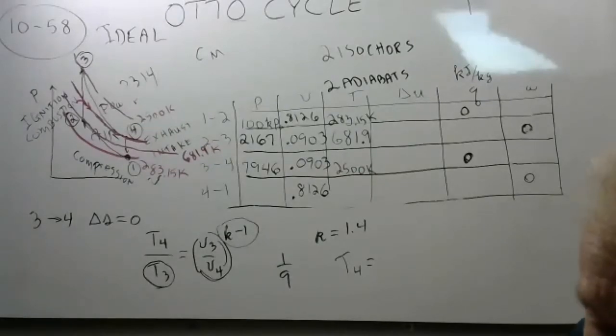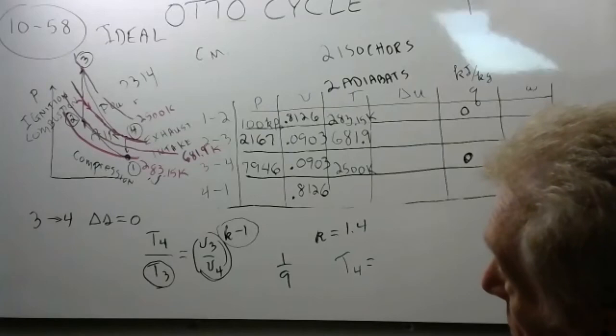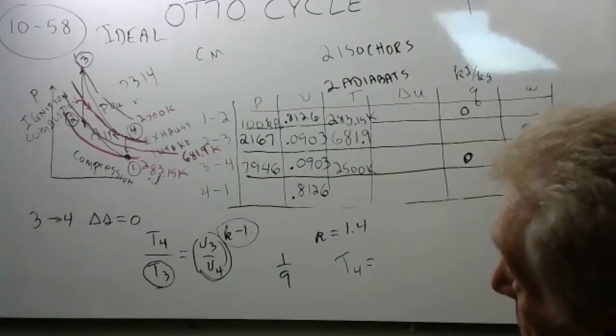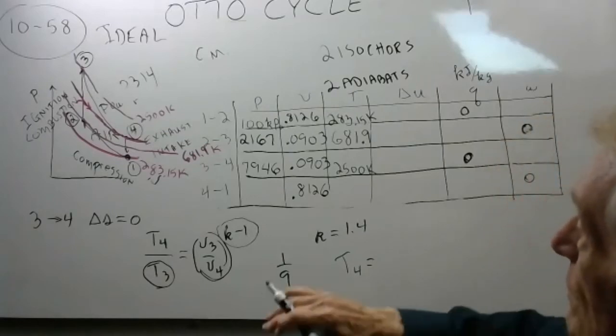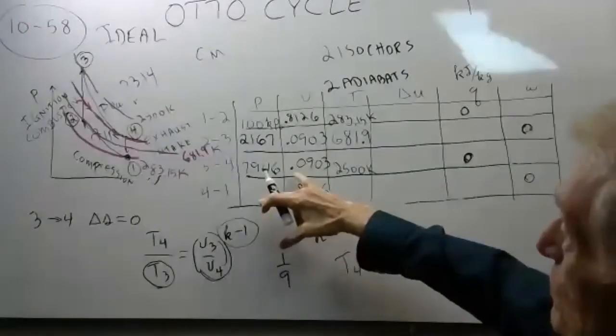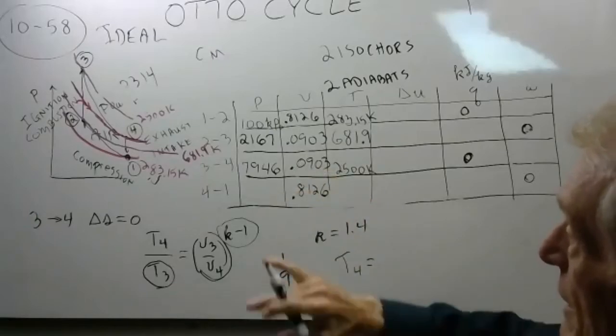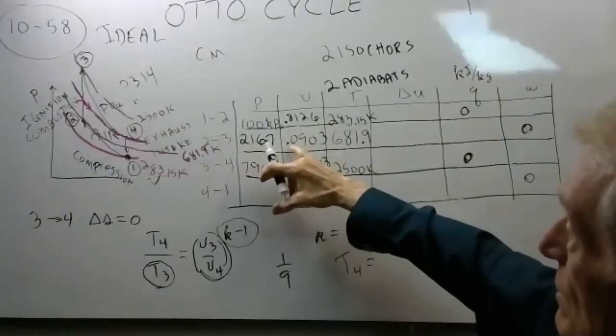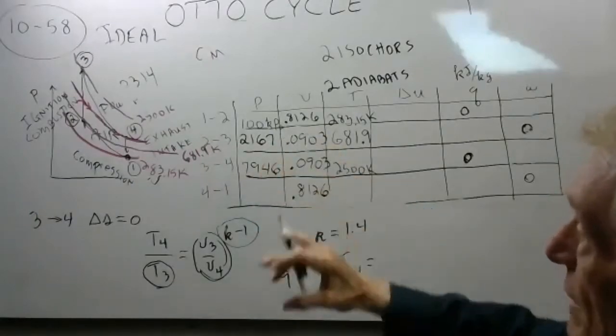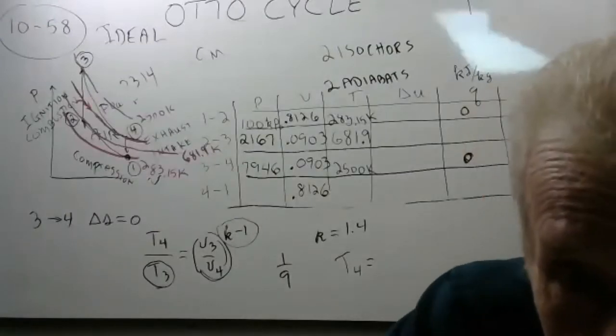Sir, I can't quite read what the V3 is. Thank you for asking. It's 0.0903. It's the same as V2, 0.0903. Can you read it now?